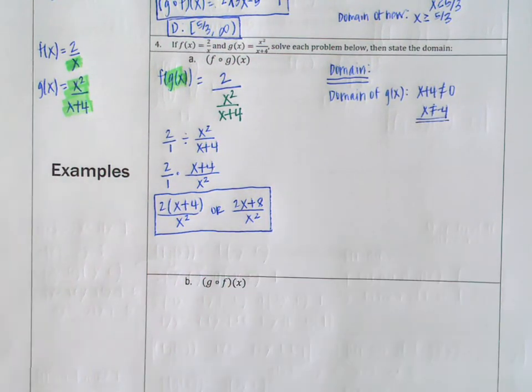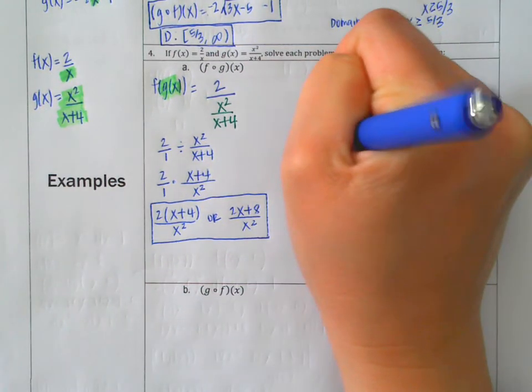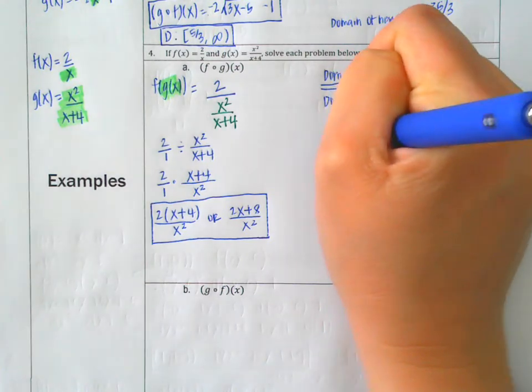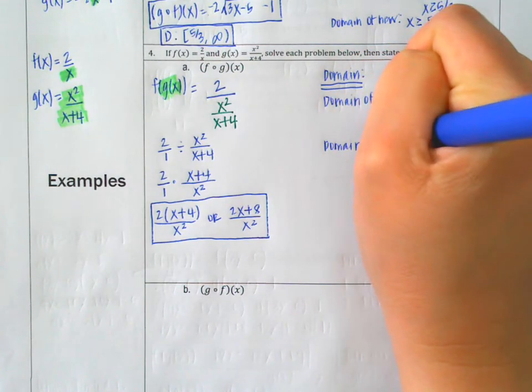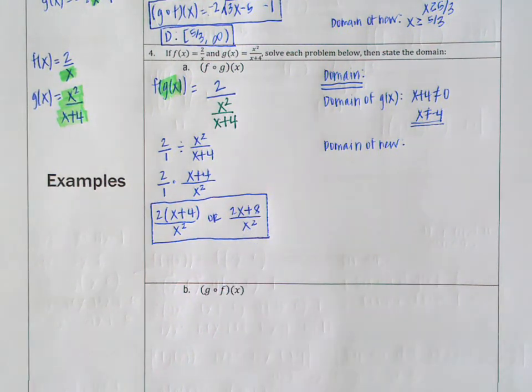Then I need to find the domain of the new function that we just came up with. So again, we're thinking, what type of function is that? Is that a polynomial? Is that radical? Or is that rational?